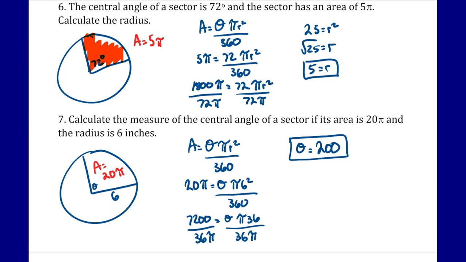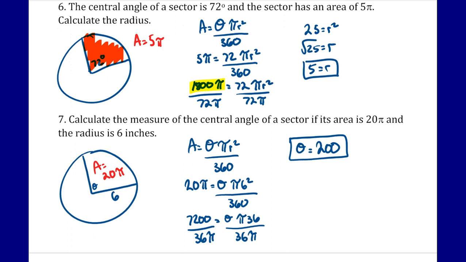So we start with our area formula, we plug in the information we know, and then we go about rearranging and solving for r. So here, what I did was I multiplied 5 by 360. Again, similar to when we did arc length, I'm leaving pi as much as possible alone. So 5 times 360 is 1800, which left me with 72 pi r squared.